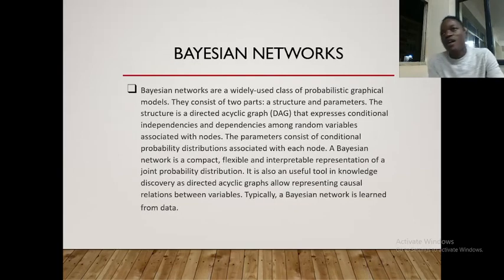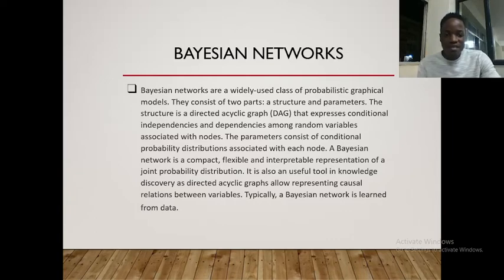So we also have what are called Bayesian networks. These are a widely used class of probabilistic graphical models. They consist of two parts, a structure and parameters. The structure is a directed acyclic graph that expresses conditional independencies and dependencies among random variables associated with nodes.